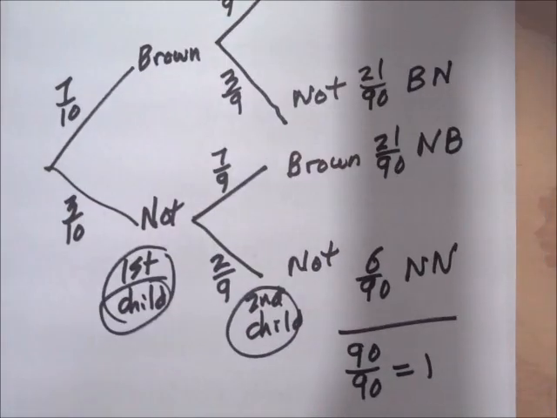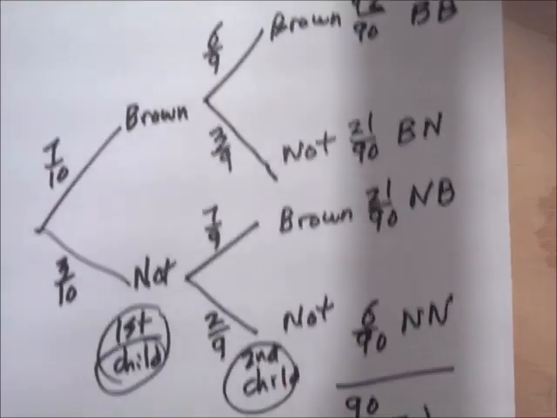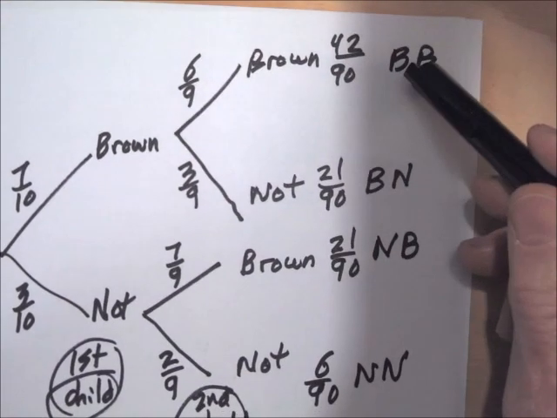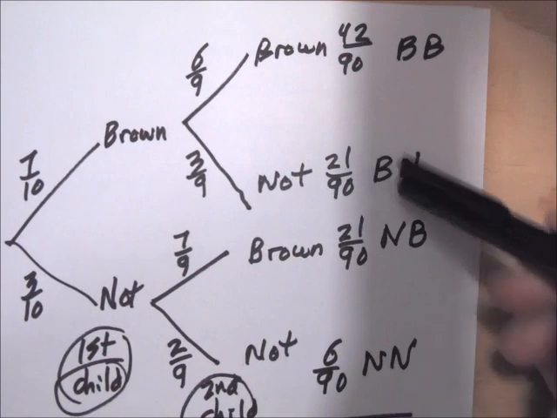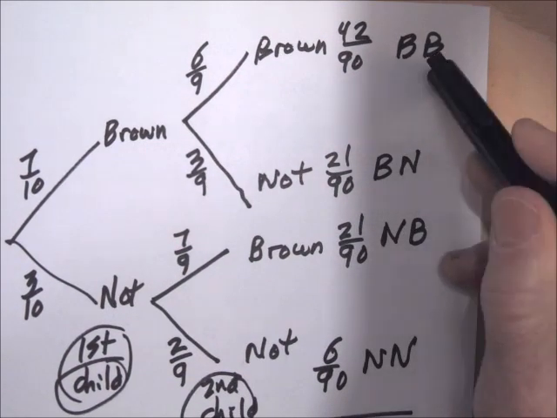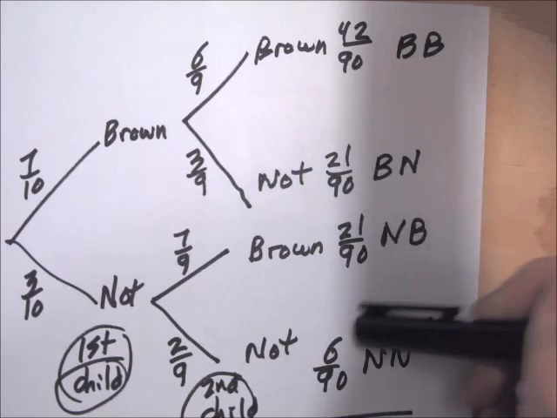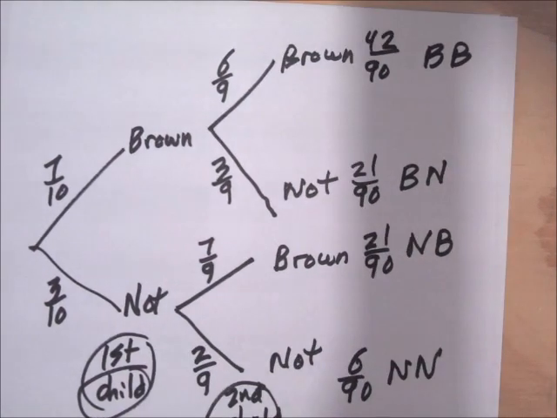So that's our tree. And then we can use that to compute other probabilities. This is our sample space here. If they ask about the sample space, there are 4 possible outcomes. They both could have brown eyes, one brown and one not brown, one not brown and one brown, or neither has brown eyes.